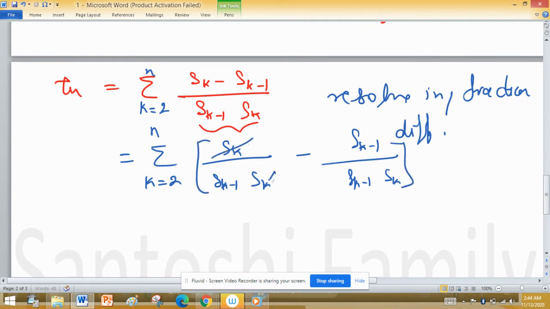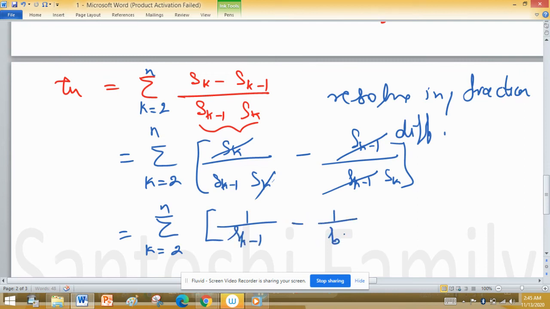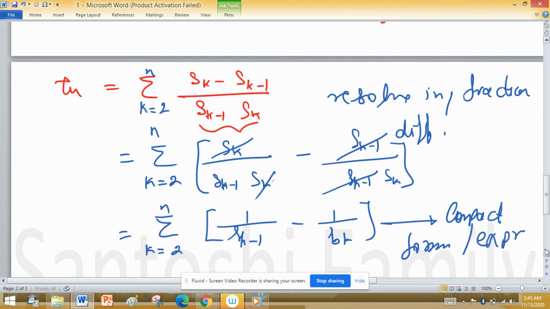So sk by sk cancels out, and sk minus 1 by sk minus 1. So only the summation with k running from 2 to n remains, and within the bracket 1 upon sk minus 1 minus 1 upon sk. Now it is a compact form, or way of expressing the series.